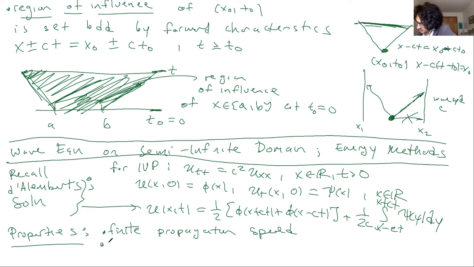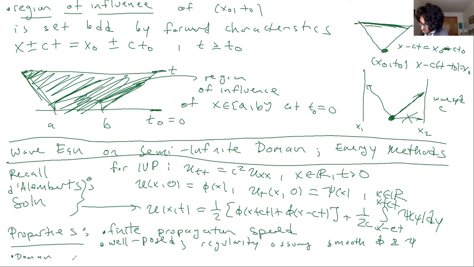Another property is that it's a well-posed problem. So it has regularity, assuming appropriately smooth phi and psi. We've also talked about the domain of dependence, because it's compact.